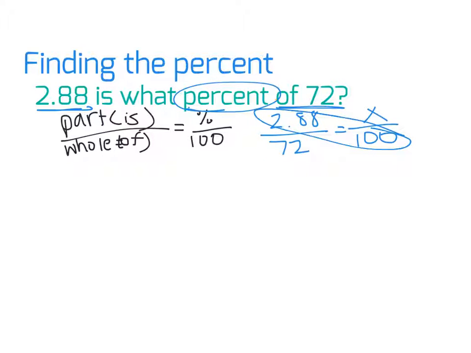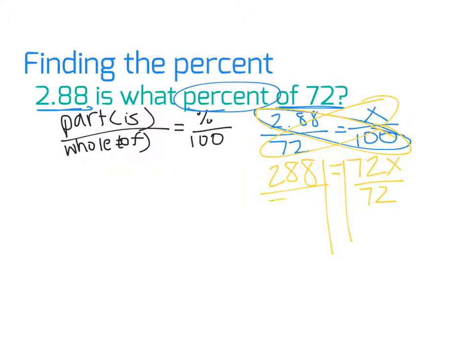So 2 and 88/100ths times 100 is going to be 288. And that is going to have to equal 72x. From here, I'm going to use my inverse operations and divide both sides by 72. And if you need to, remember, you can totally come out to the side, show some work, and I'm going to get 4.